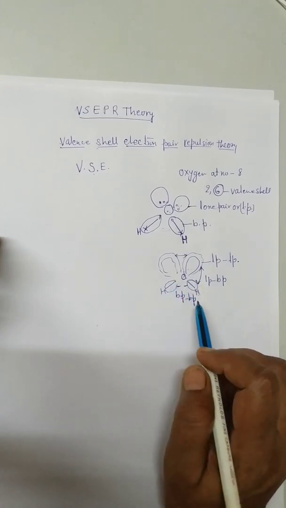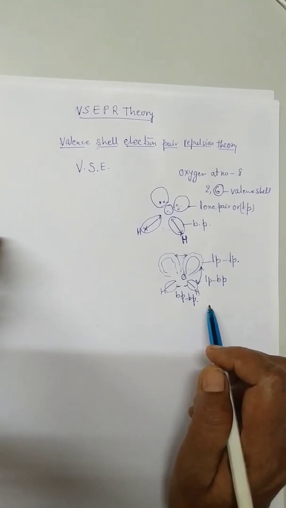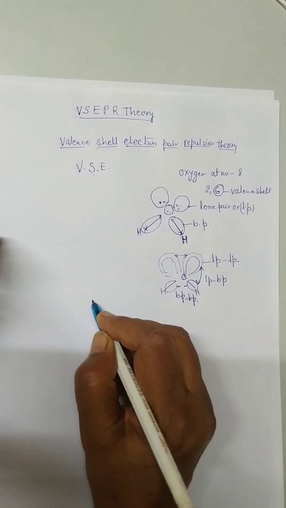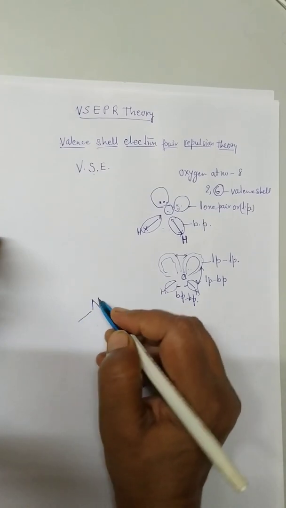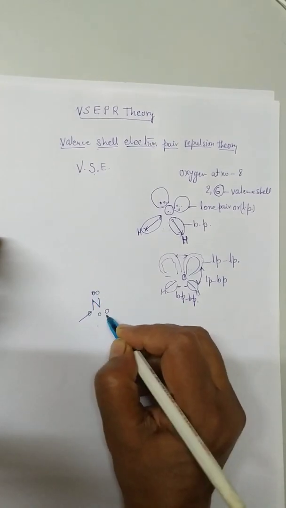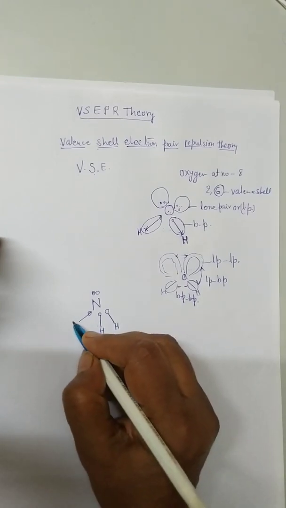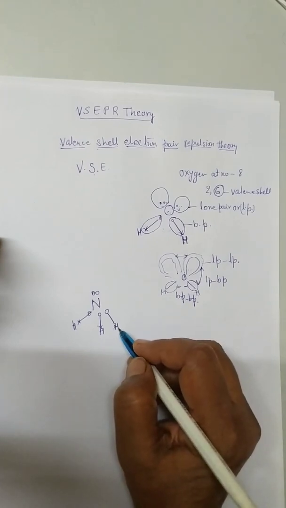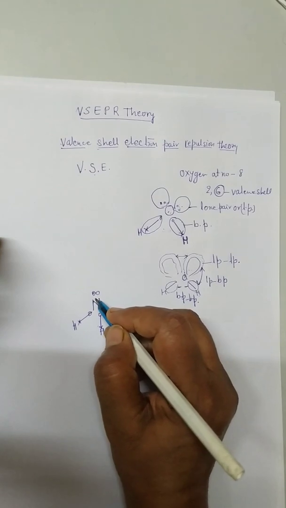Different molecules have different numbers of electron pairs around the central atom. For example, if I take ammonia, nitrogen has 5 valence electrons. It will share 3 electrons with hydrogen and give rise to the ammonia molecule.